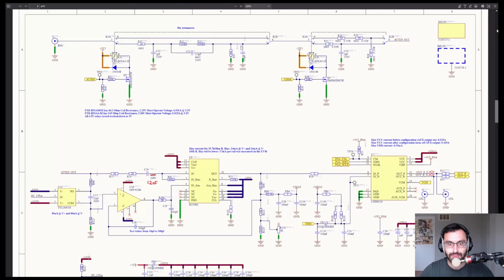Thankfully, I did include this resistor here because I thought, okay, we may need to tune this, and turns out, yeah, we do. So yeah, 50 ohms there.